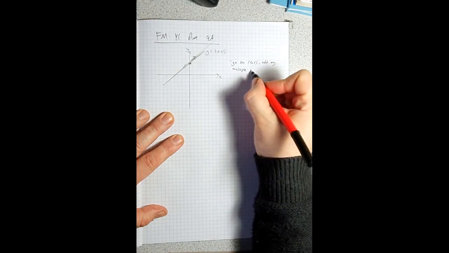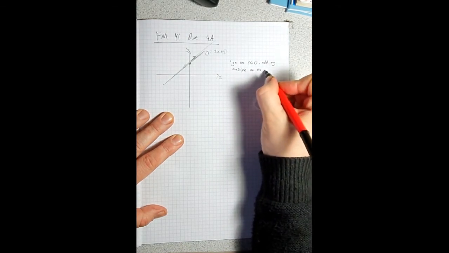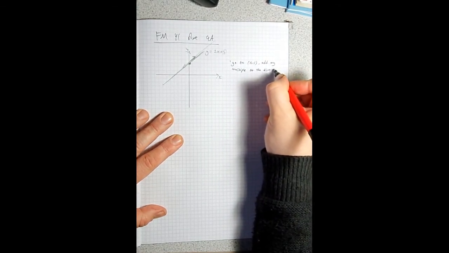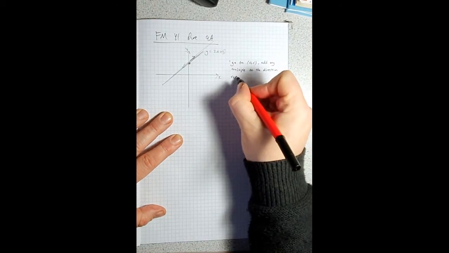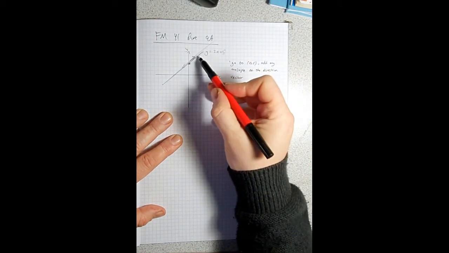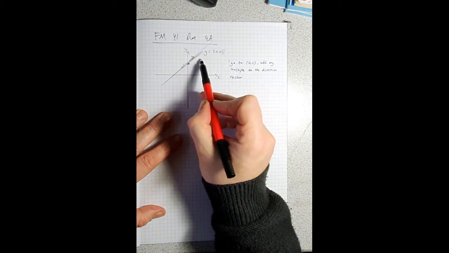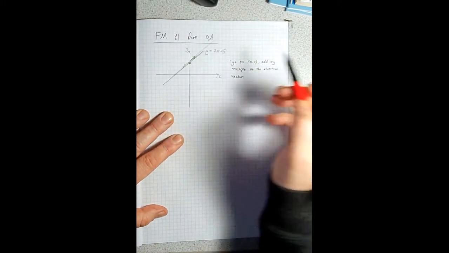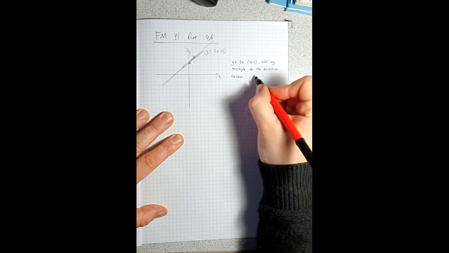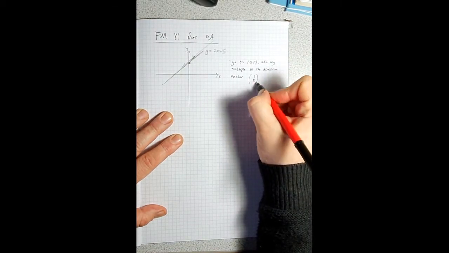Any multiple of the direction vector. In this case, it's got a gradient of 2, so of course that means you go along 1 and you go up 2. So along 1 and up 2.